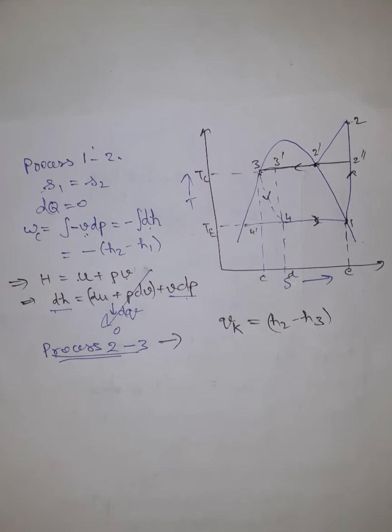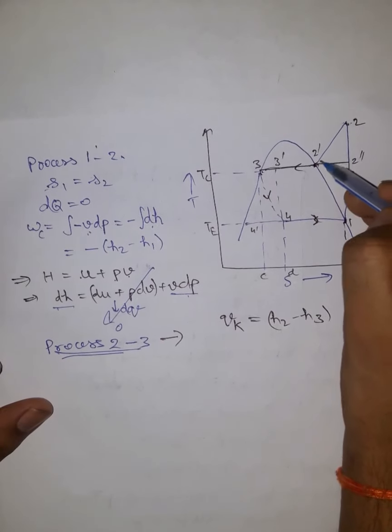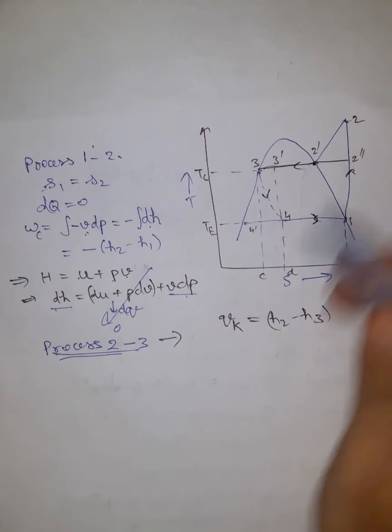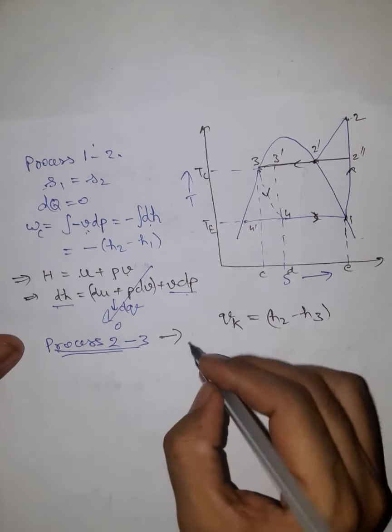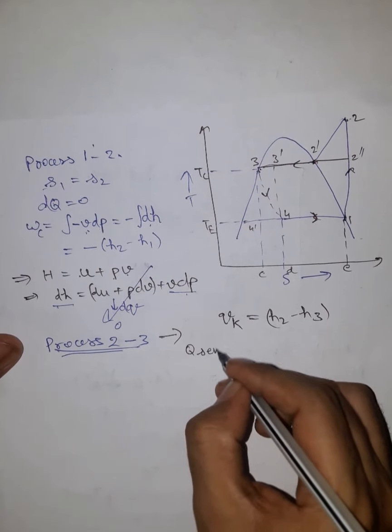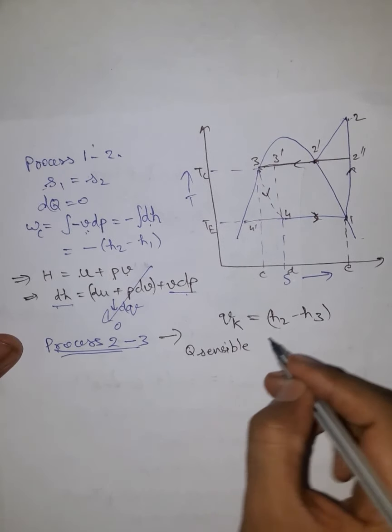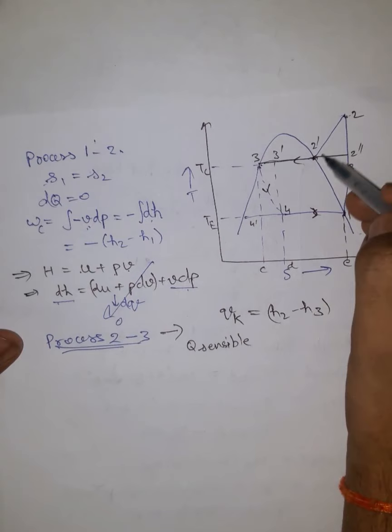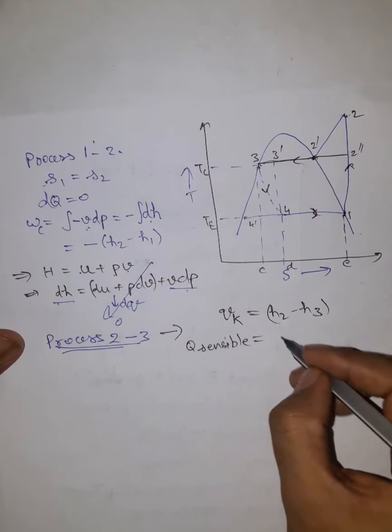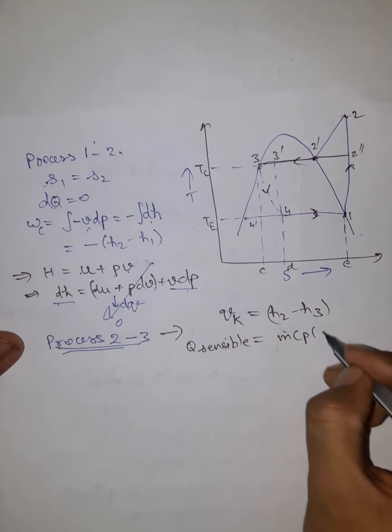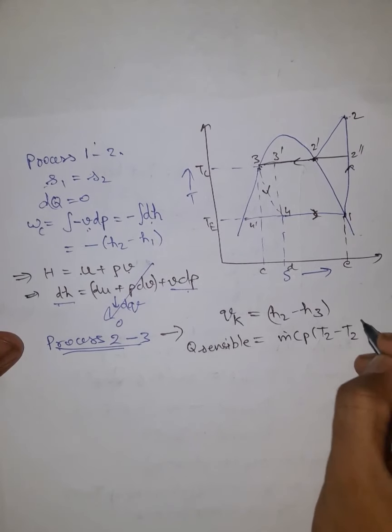Okay, now the heat exchange that is taken from 2 to 2 dash can be written as Q sensible. What is sensible heating? Sensible heating is that heating in which temperature change occurs, that is occurring only between 2 to 2 dash. So it can be written as m dot into Cp into (T2 minus T2 dash).